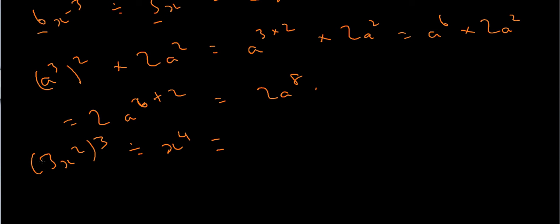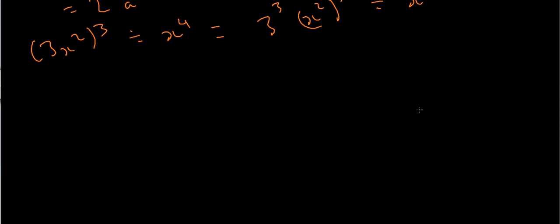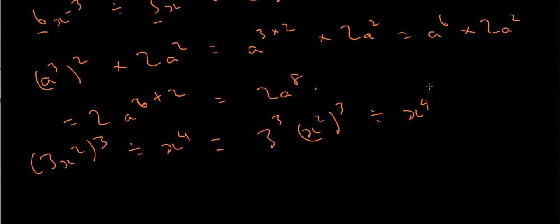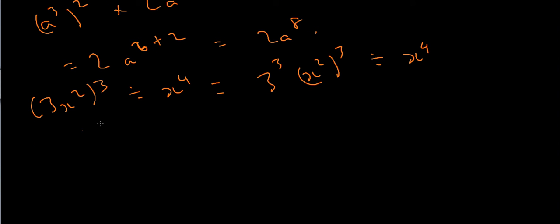Remember, we've now got to cube the coefficient as well as the x power. So this becomes 3 cubed times x squared, all cubed, divided by x to the 4. And what's 3 cubed? Well, 3 cubed is 3 times 3 times 3. 3 times 3 is 9, and 9 times 3 is 27, so 3 cubed is 27.